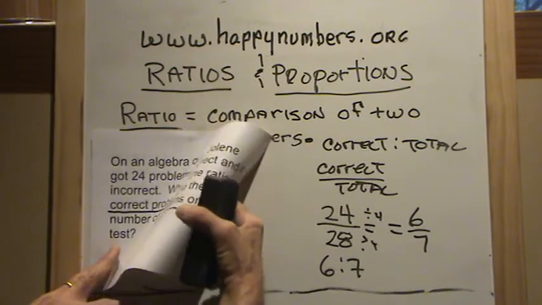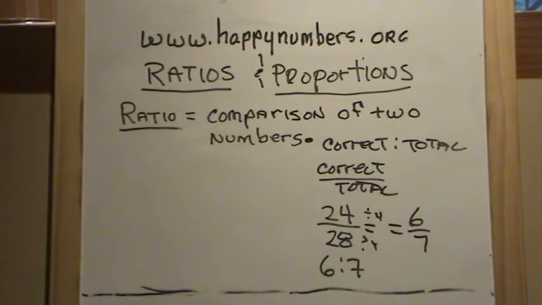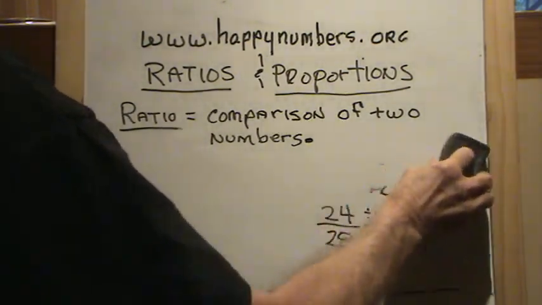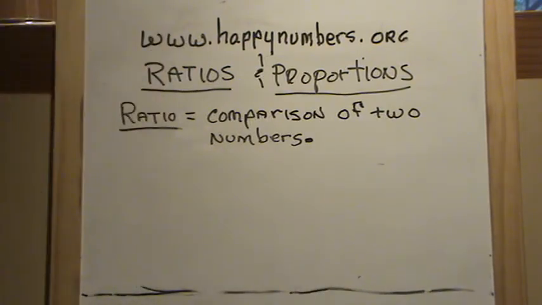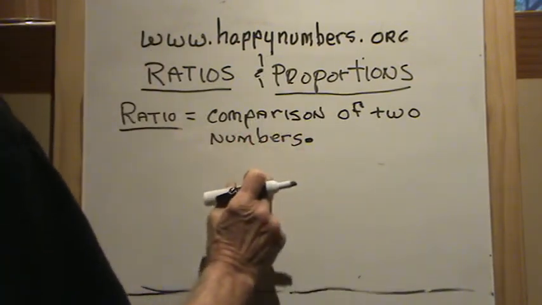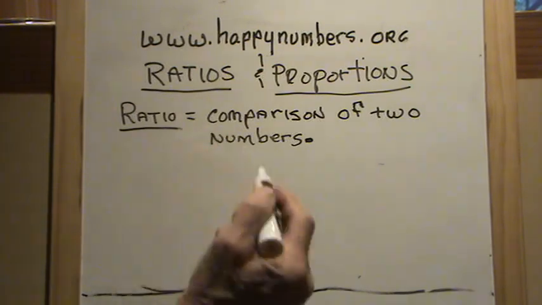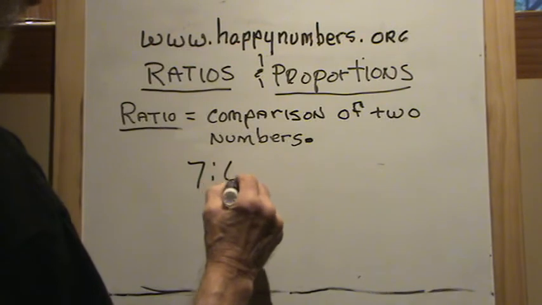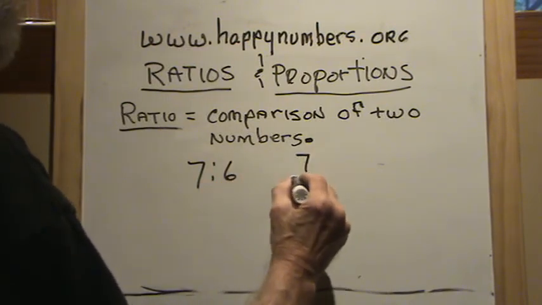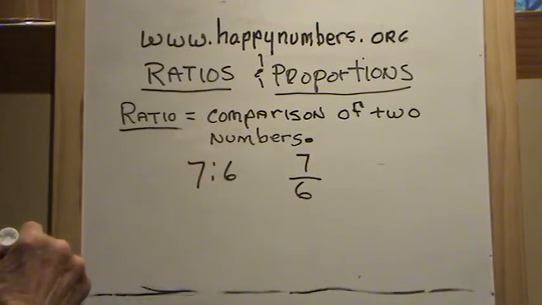Okay, quick review here. Ratios compare two numbers, and we can write them in two ways. We can write it 7 is to 6, or 7 is to 6.